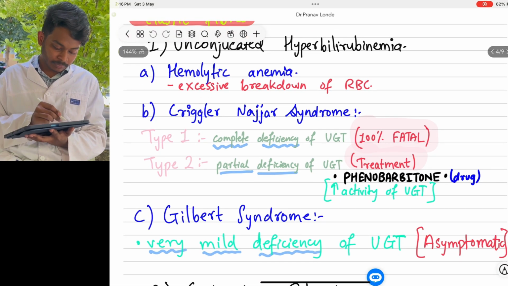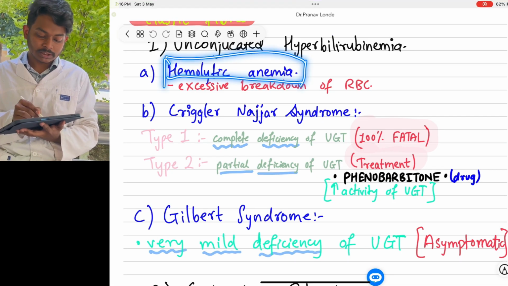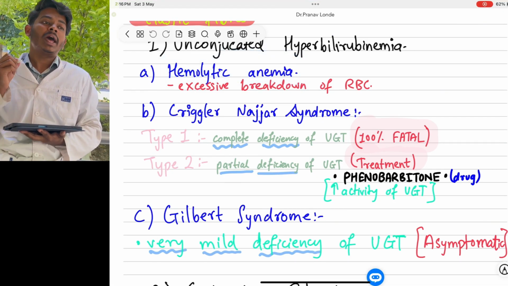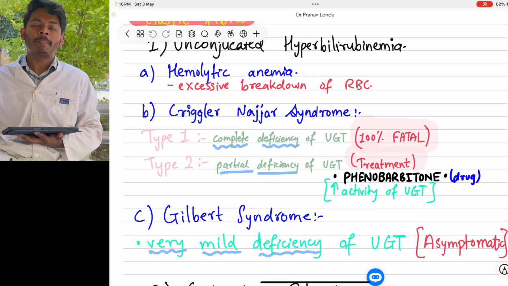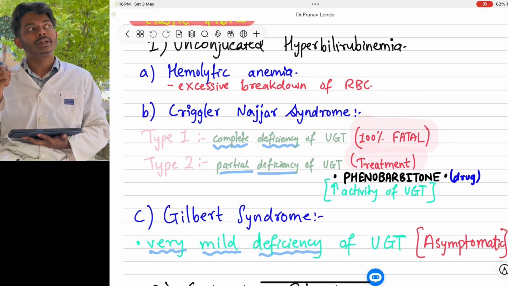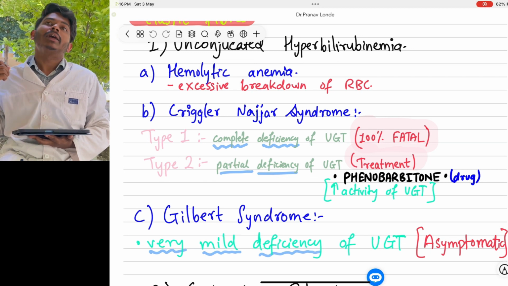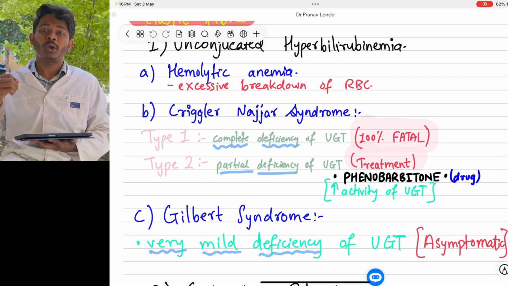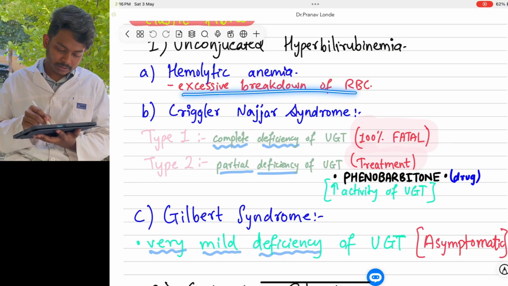First reason is hemolytic anemia. This is a kind of disease where RBC destruction takes place. In hemolytic anemia, if there is abnormal or excessive destruction of RBC, then what happens?